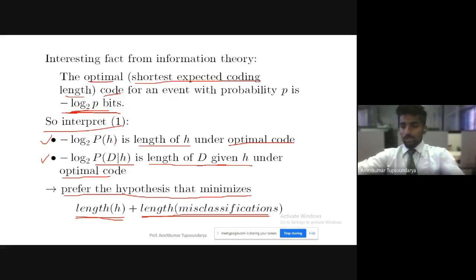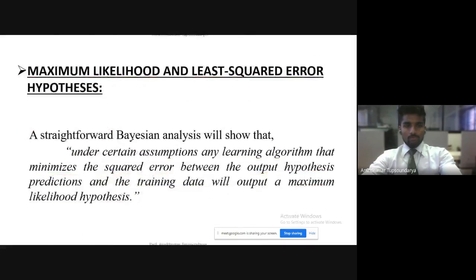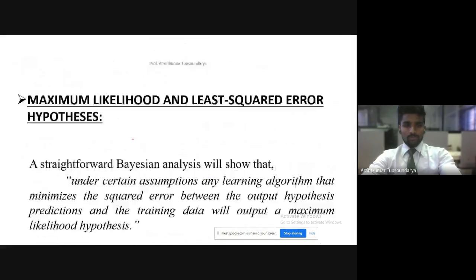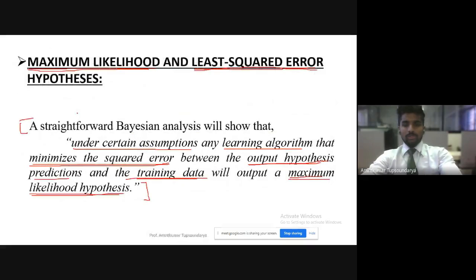So a quick recap before we wind up today's class. It's already time up, but a quick recap of what we discussed in today's class. We discussed the maximum likelihood and the least squared error hypothesis, right? We discussed that under certain assumptions, any learning algorithm that minimizes the squared error between the output hypothesis prediction and the training data will output a maximum likelihood hypothesis, right?